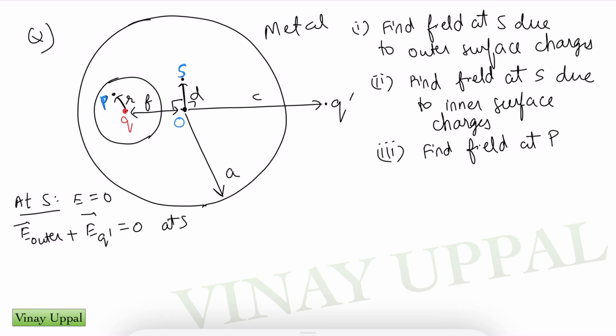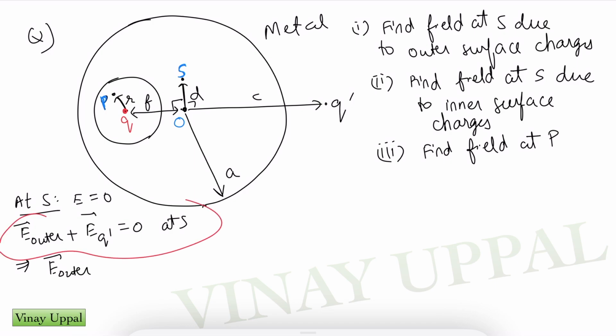That's what we saw, that the field because of the outer surface charges and because of Q dash will result in 0 everywhere inside the outer boundary. Now we can't directly write the field due to the outer surface at S because we don't know its distribution. Because of the presence of Q dash, the charges appearing on the outer surface will be non-uniformly distributed. So we don't know the distribution, we don't know how to calculate the field directly.